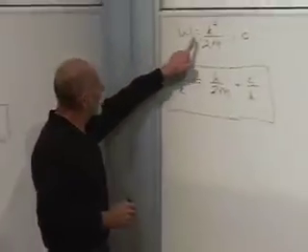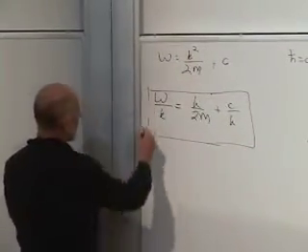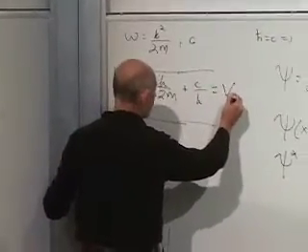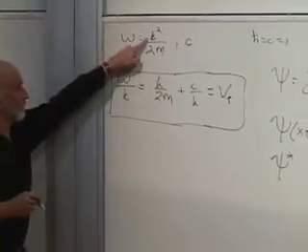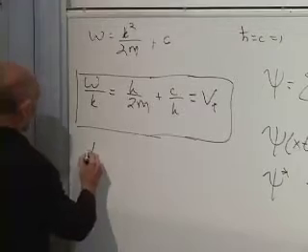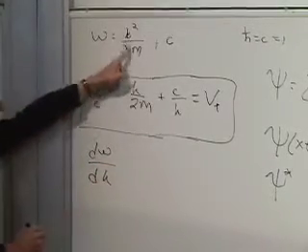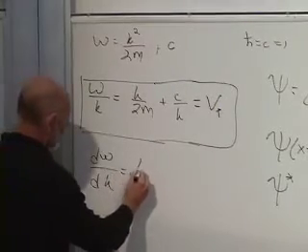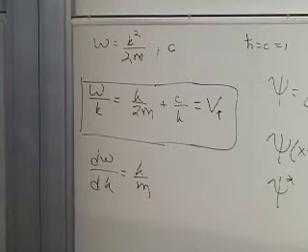If omega is k squared over 2m plus an arbitrary constant, this is the phase velocity, v phase. What about the group velocity? That's the derivative of omega with respect to k. That's equal to 2k divided by 2m, otherwise known as k over m. And what do we get from the constant? Nothing.